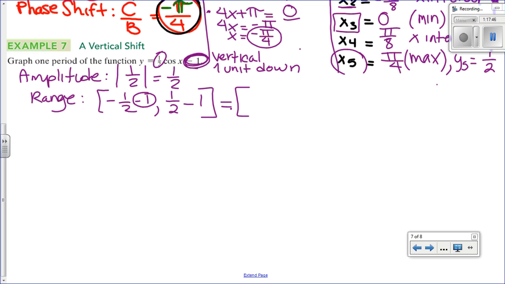So here we will have -3/2. And for our maximum value, again, we have -2/2 plus 1/2, so that will be -1/2. So right here, this will be my minimum y value, and this will be my maximum.